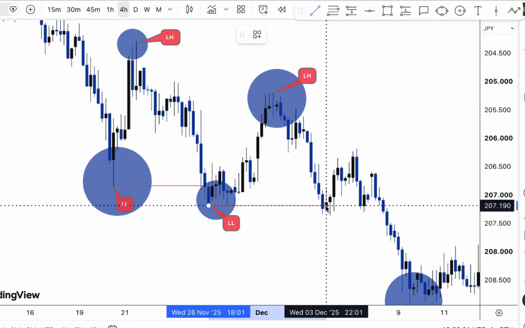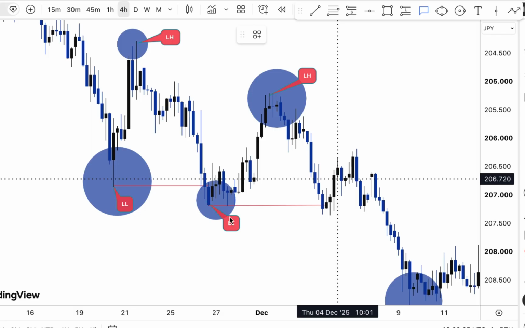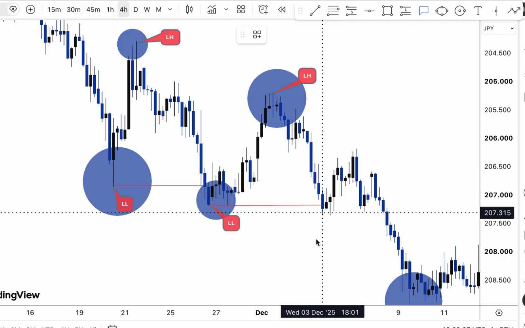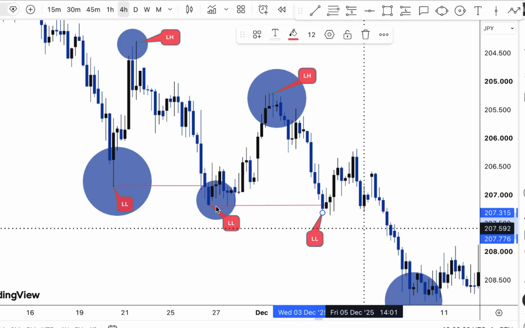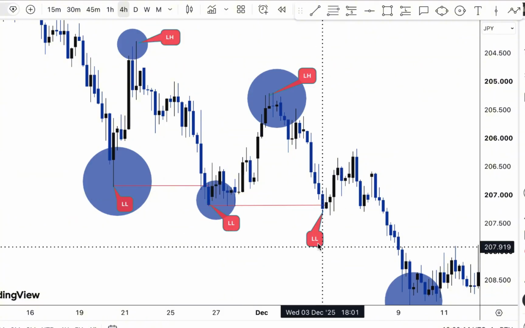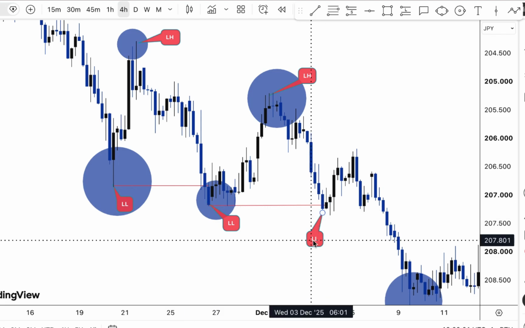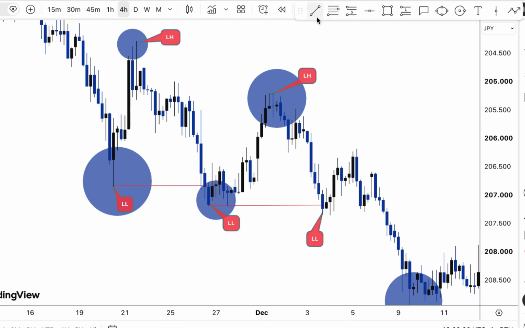Here you can see this low is broken, which creates another low that is lower than this one. We call it a lower low because it's lower than this low.